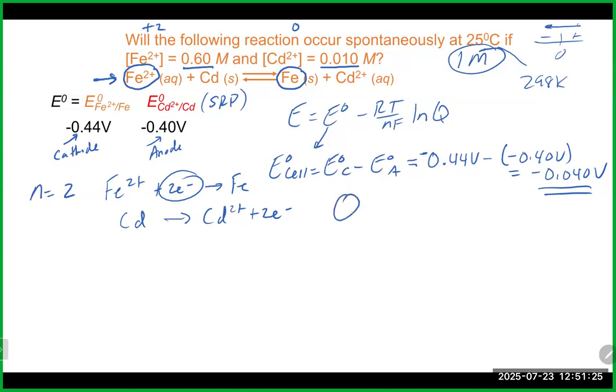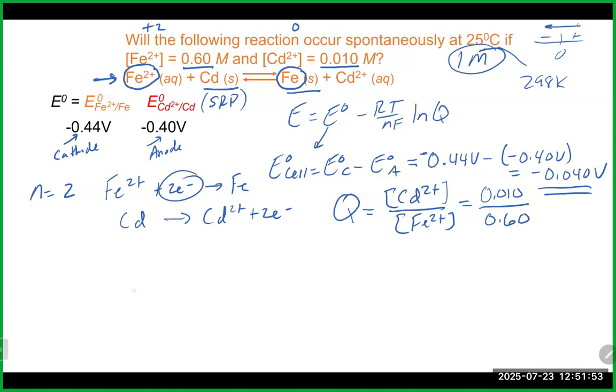We do need to calculate Q. Q would be the concentration of cadmium divided by the concentration of iron 2. The solids would not be included, which is also why you're only given 2 concentrations. So that would be 0.01 divided by 0.6.